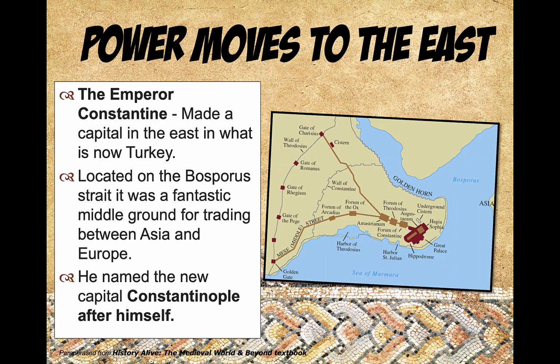So power actually moves to the east. Most of the power that there is going to be in the east is going to be through Emperor Constantine. So he's very famous because he actually named the capital after himself, and it was called Constantinople. And it's kind of that thing like, now that Istanbul was Constantinople.